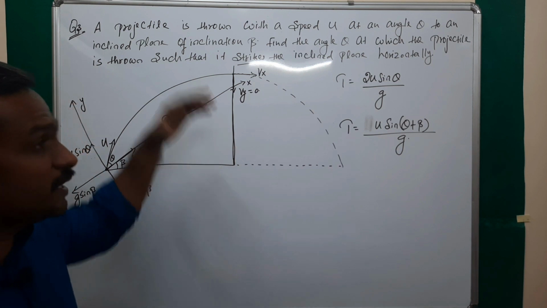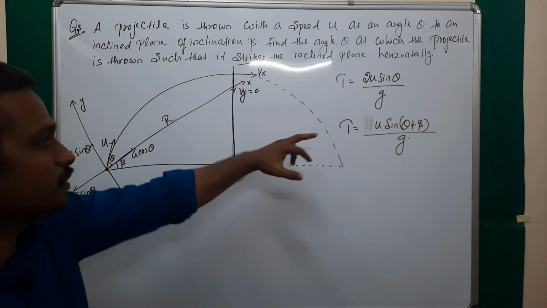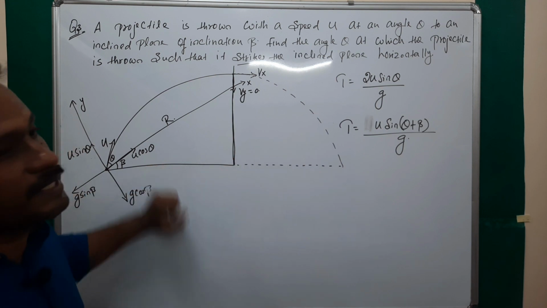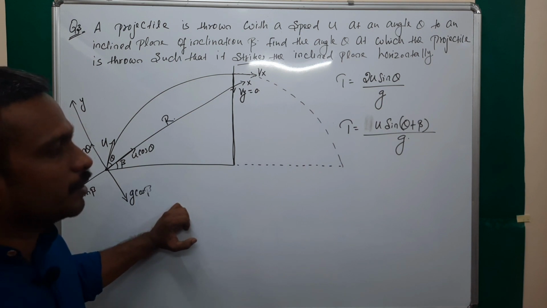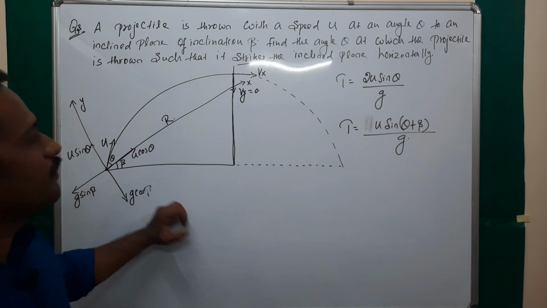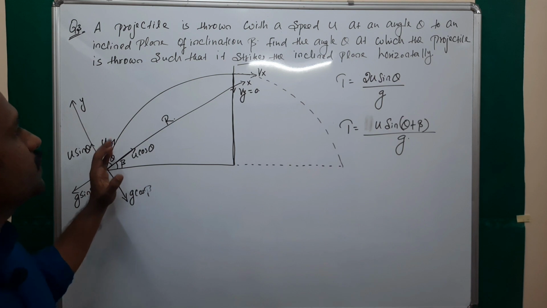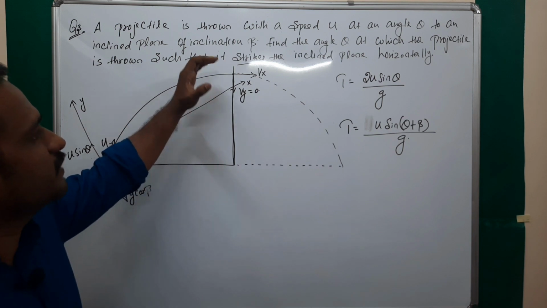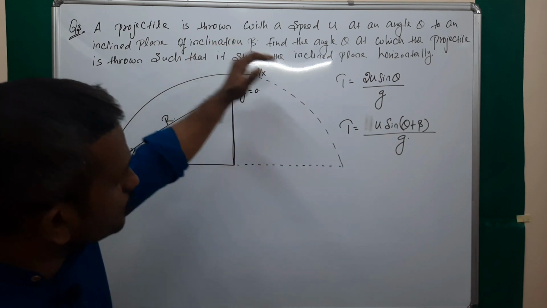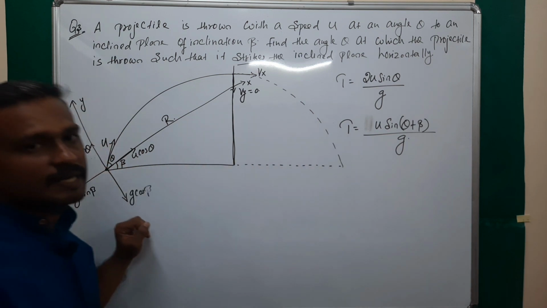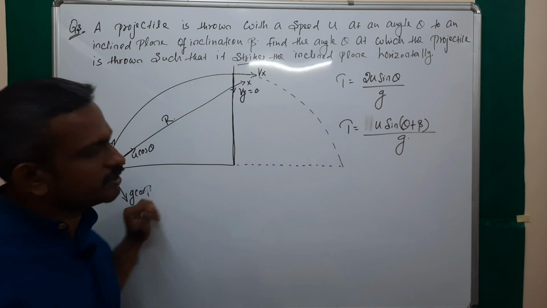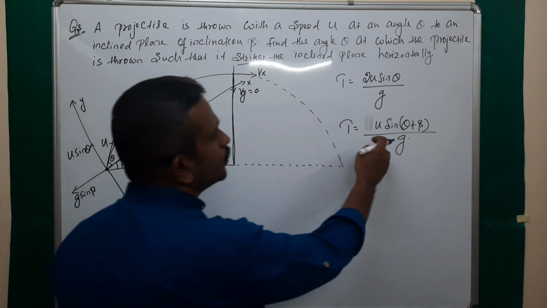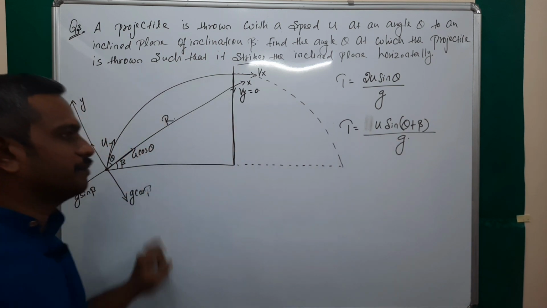When we studied the horizontal projection, we proved that it takes half of the time to reach the maximum height. The time taken by the projectile to reach the maximum height is equal to the time taken to go to the ground, upward motion or downward motion.